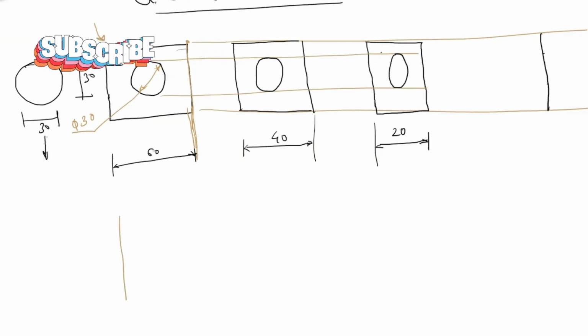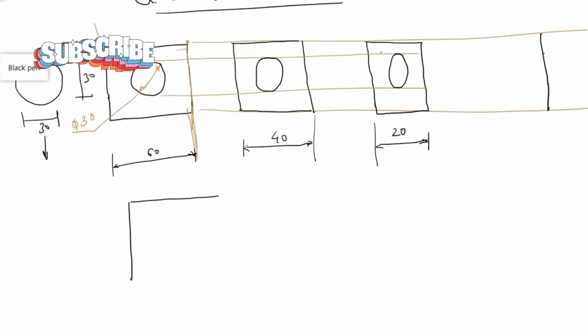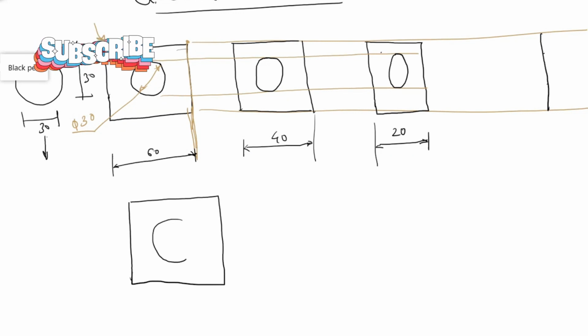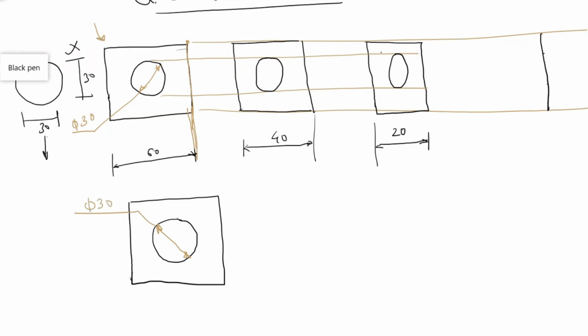See, if this is the circle in this box, and I say that the diameter of the circle here is 30 mm. Now I have to construct this into an ellipse. So in order to construct this into an ellipse, what will I do?